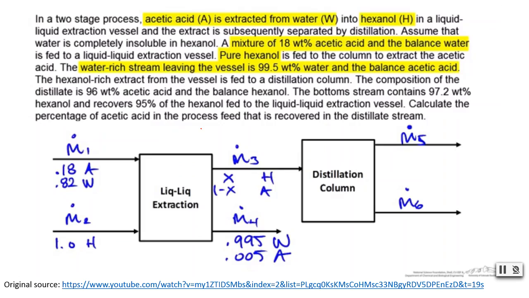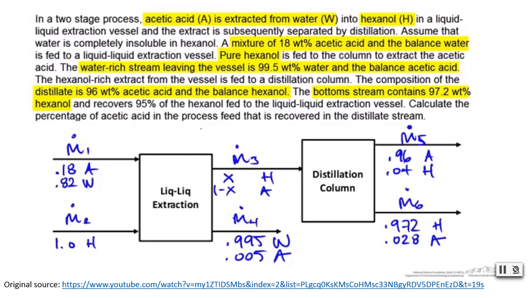We do have some information about the composition of both the distillate and the bottom stream leaving the distillation column. We know the composition of the distillate is 96 weight percent acetic acid and the balance hexanol. The bottom stream is 97.2 weight percent hexanol and the balance acetic acid. So that information has been applied to M5 and M6 respectively.